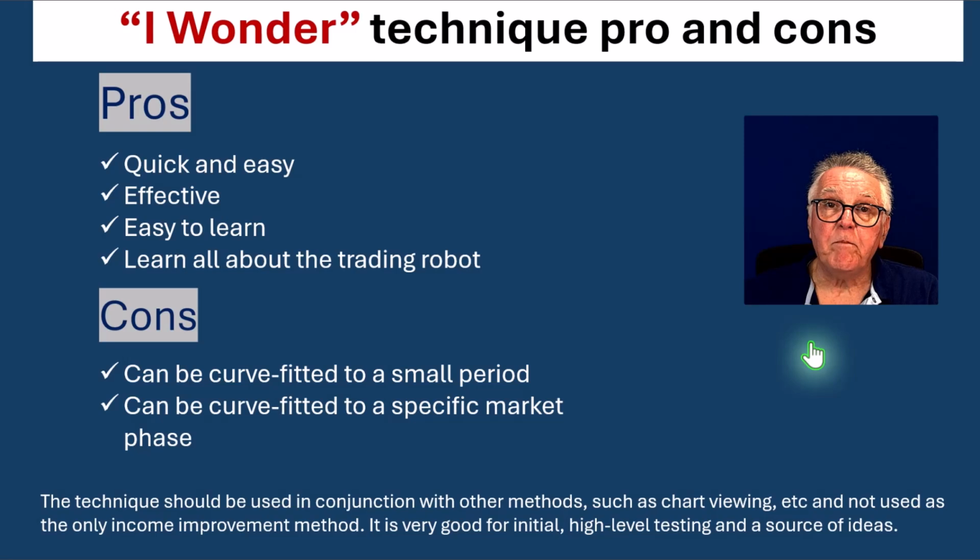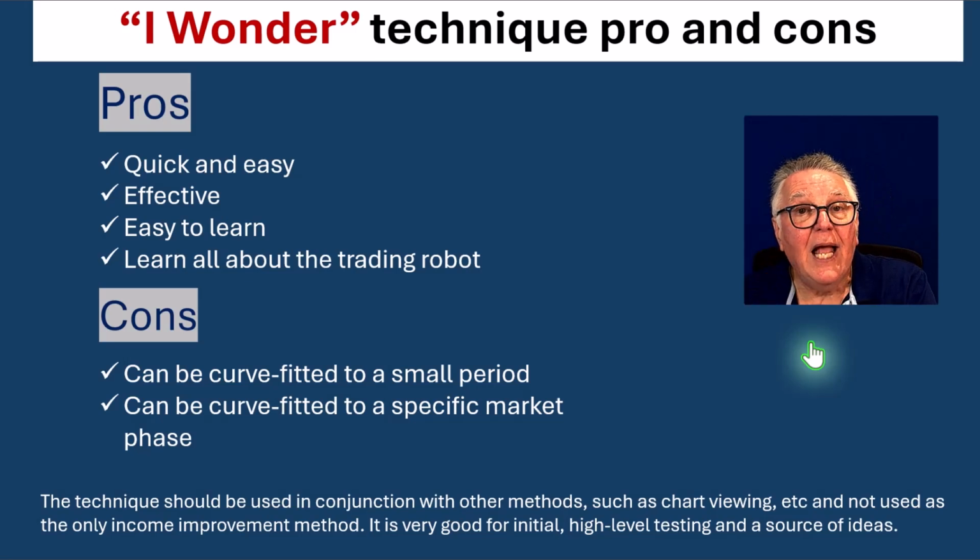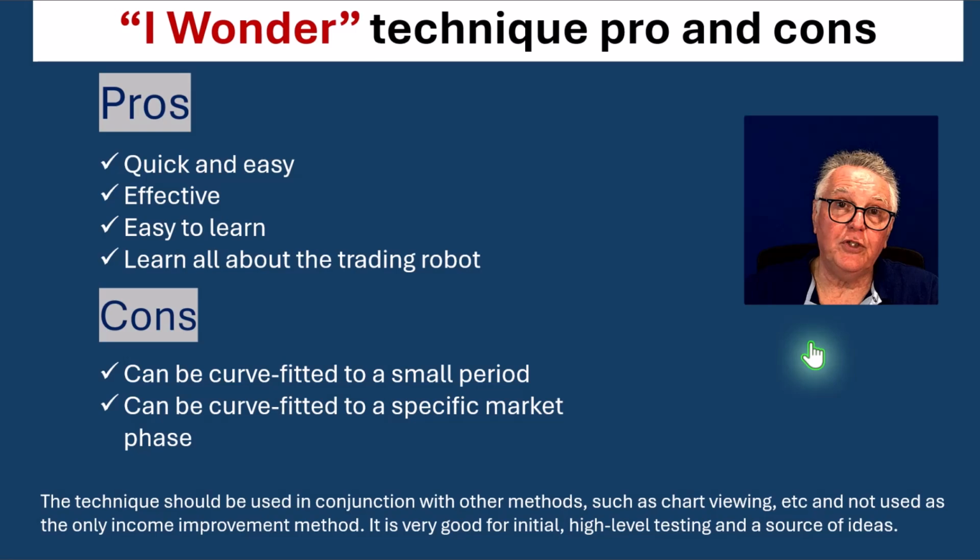For the pound Oz, it could have been a trending market. So just be aware there are cons, but don't use this technique as your only technique. It just offers you guidance as to what kind of changes you can make to the settings, but they are pretty good guidance.